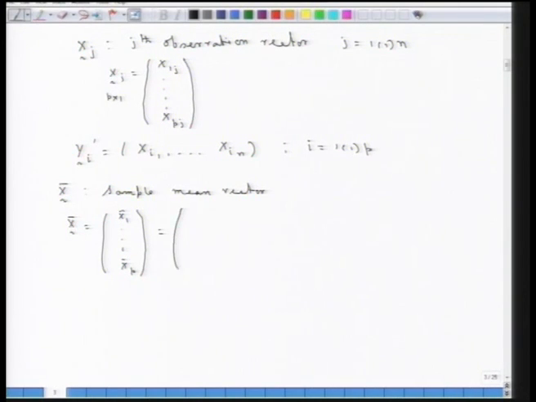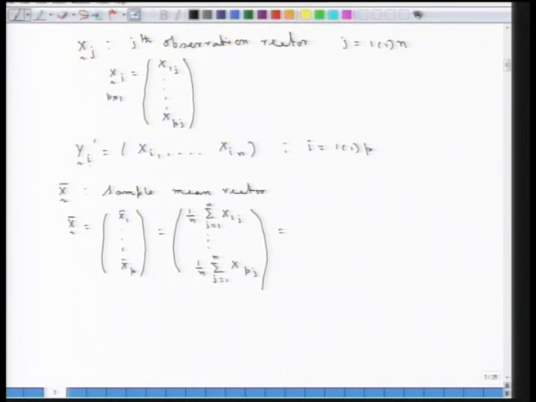So this would be given by 1 upon n, then the summation of all the observations corresponding to the first variable, that's x1j, say j is equal to 1 up to n, and the last element is 1 upon n summation j equal to 1 to n of xpj. So these are the corresponding sample means of the respective variables in the X vector component.